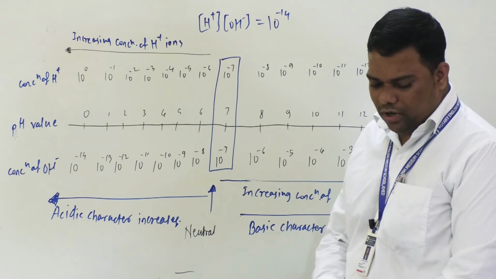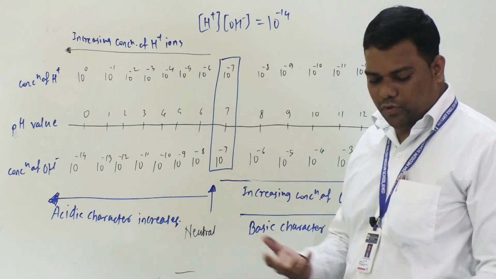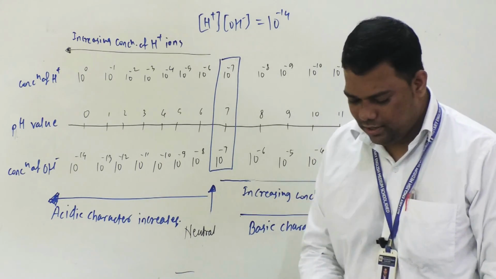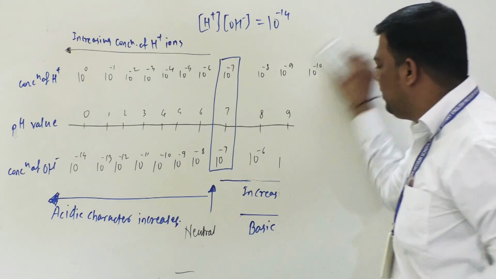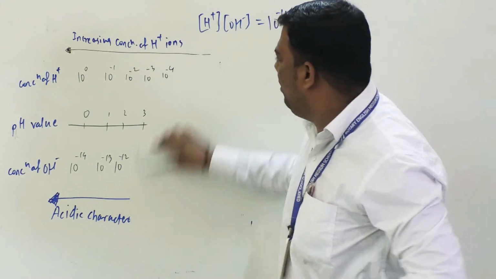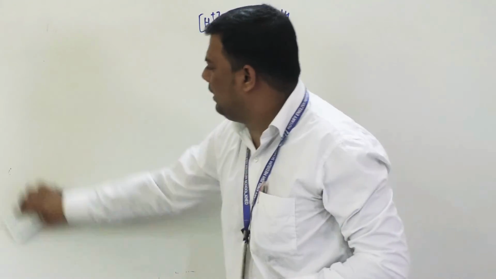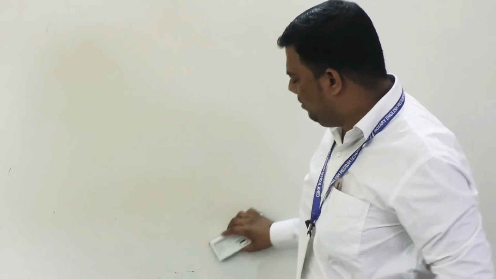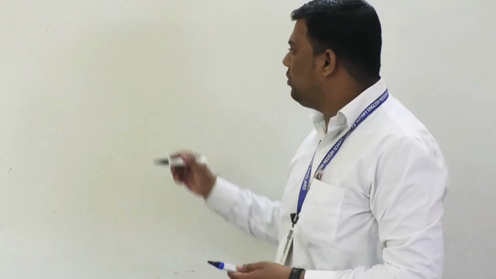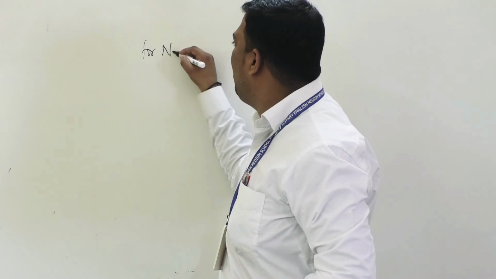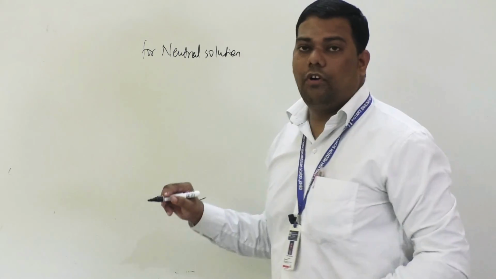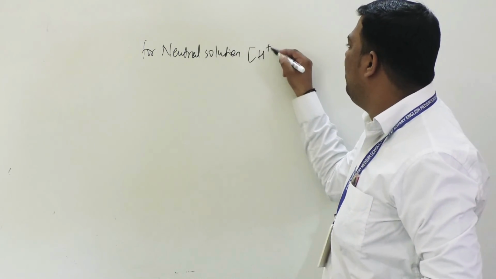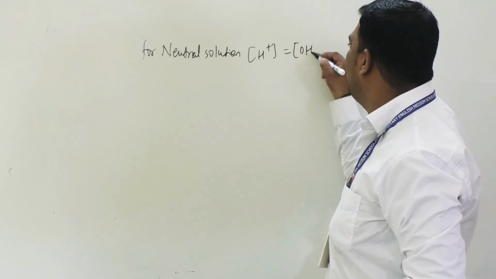Okay, now we can move towards our next part: the concentration of H plus and OH minus for neutral, acidic and basic solutions. Always keep in mind: for a neutral solution, the concentration of H plus is equal to the concentration of OH minus ion.